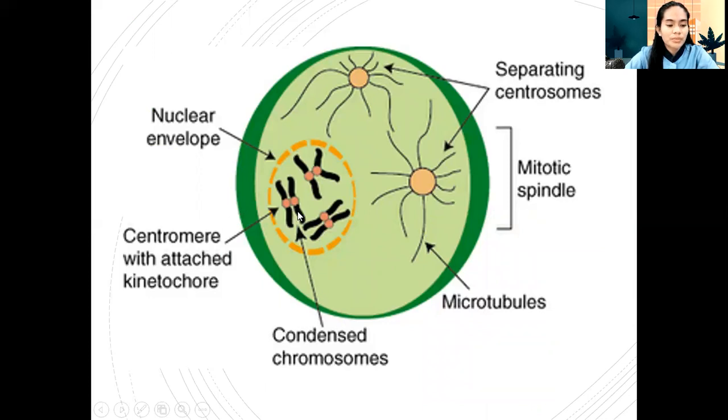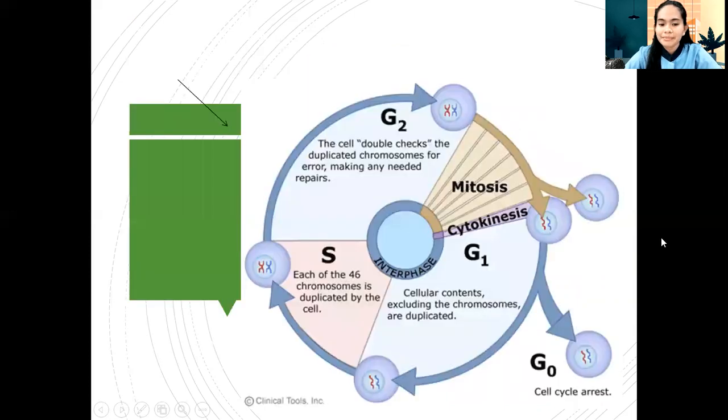So that's your chromosome. Centromeres. So this is your centromere, the orange one. And then you also have your nuclear envelope. As you can see, your nuclear envelope is here. And if your nuclear envelope is here, then therefore chromosomes are located inside or outside? Okay, very good. Chromosomes are located inside the nucleus. All right, very good. You're getting good at it.